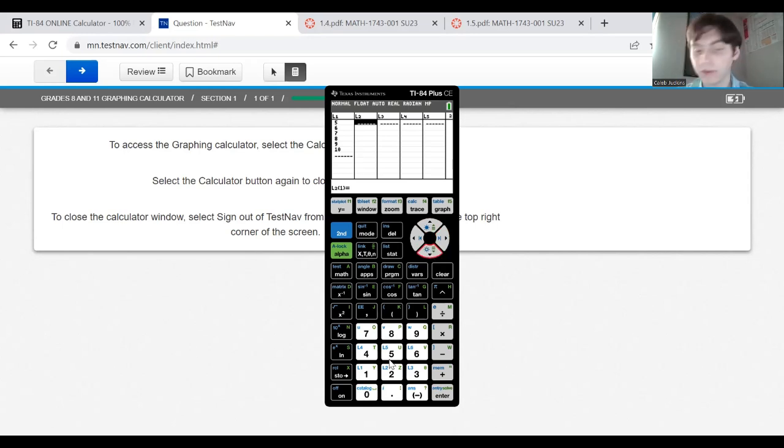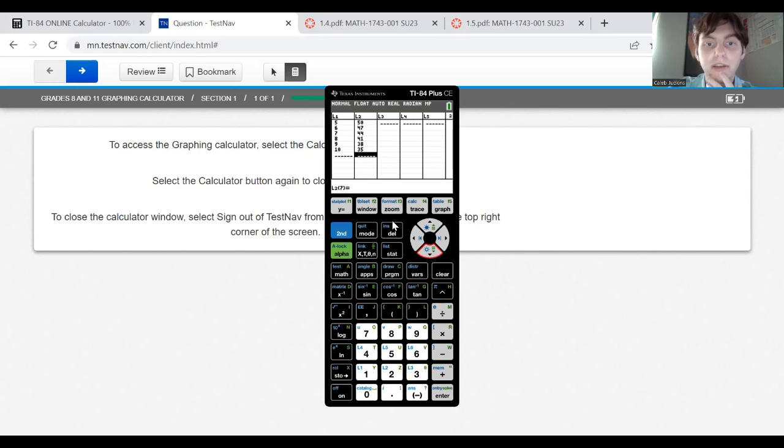And those Y values are 50, 47, 44, 41, 38, 35.